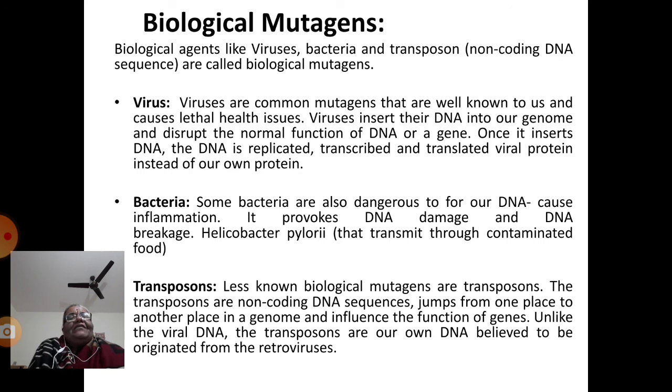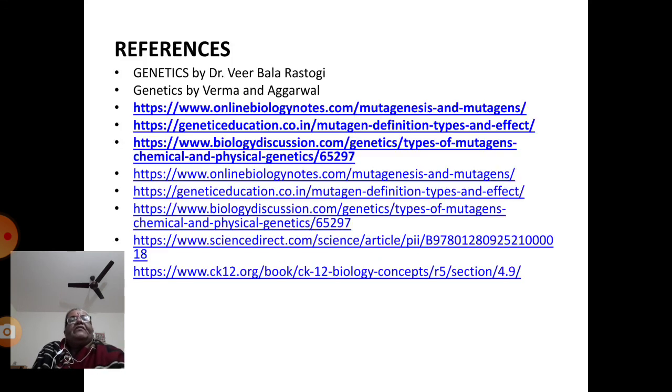In fact, they are less known biological mutagens. They are non-coding DNA sequences that jump from one place to another in a genome, hence called jumping genes, and influence the functioning of the gene. And these are our own DNA. They are not foreign DNAs, believed to have originated from retroviruses.